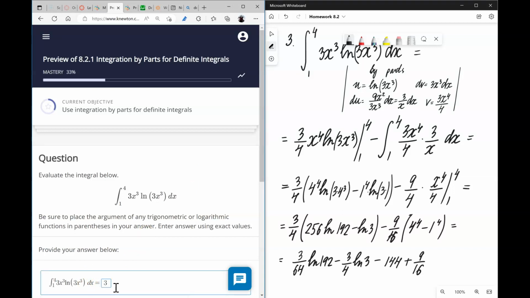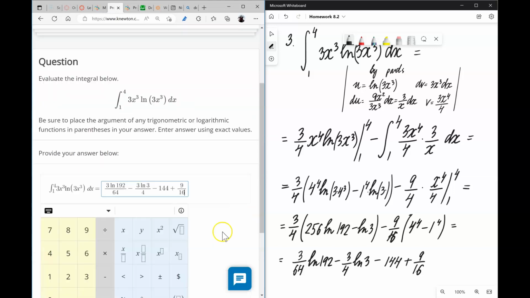So we have 3 ln of 192 divided by 64 minus 3 ln 3 divided by 4 minus 144 plus 9 over 16.